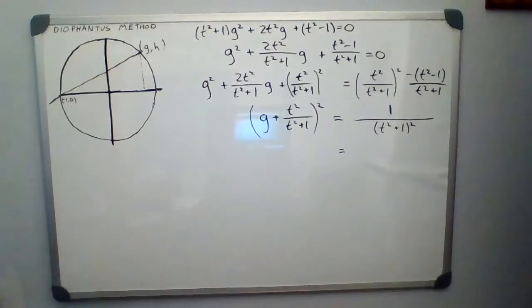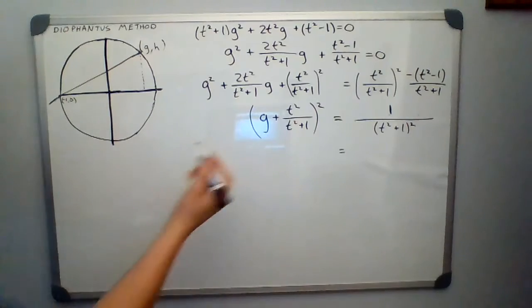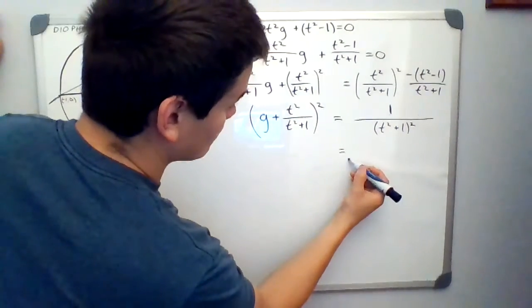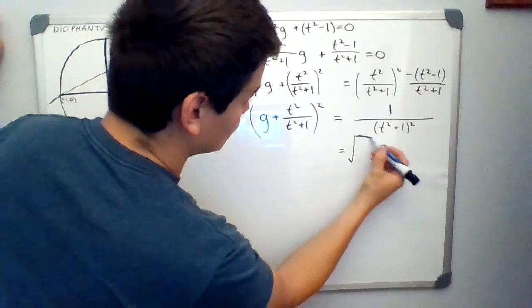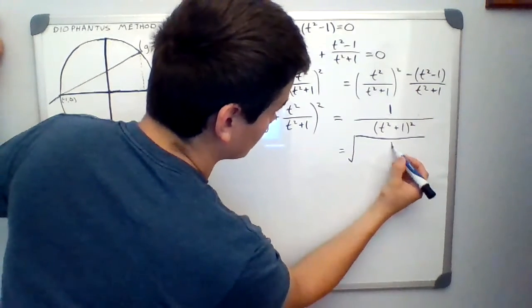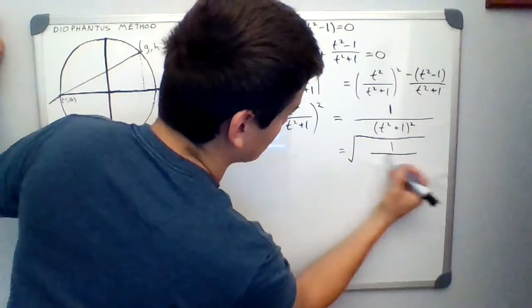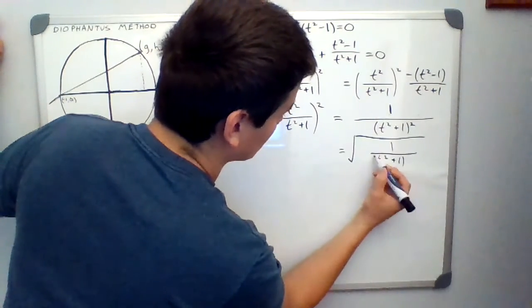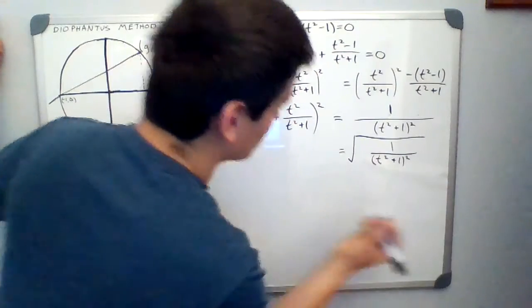Alright, perfect. Now from here, I'm going to take the square root of both sides. So this is going to end up being the square root of 1 over (t squared plus 1) squared.